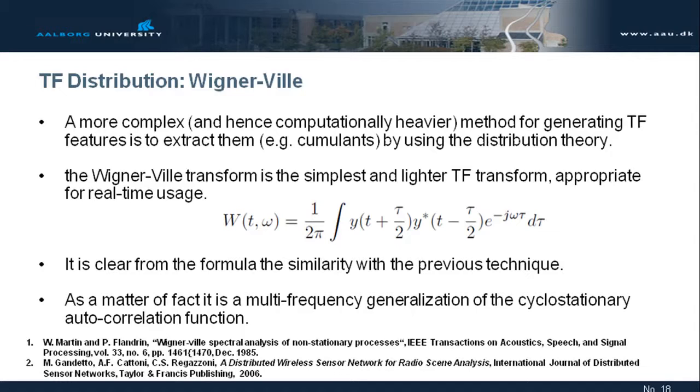The only difference is that omega, which in this case is the pulsation and not the frequency, is a variable of the function, of the distribution. So instead of being outside here, it's inside the parentheses. This gives a complete representation, in time and frequency, of the signal. And it's smooth, mathematically speaking.